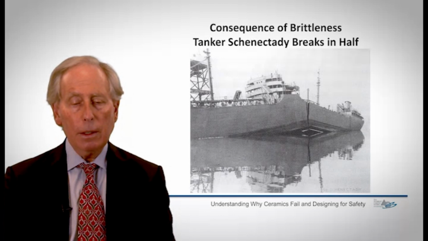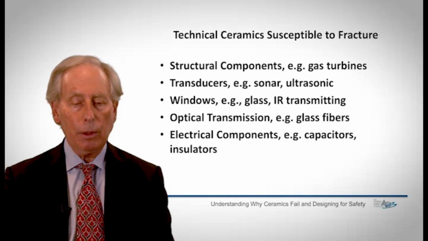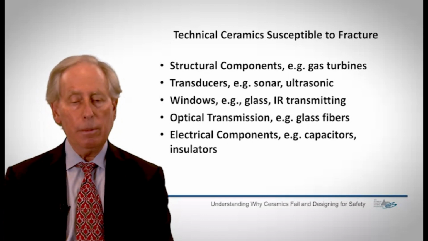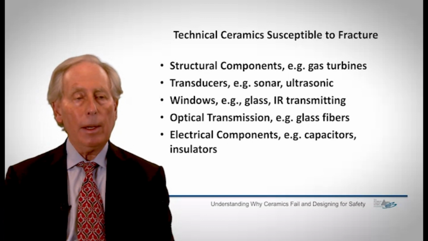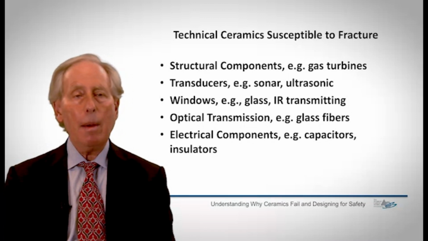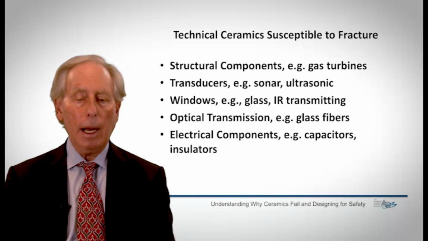So what are the kind of ceramics that we look at, what I call technical ceramics, that are susceptible to failure? Some of you think of structural components, the gas turbine engines. In fact, for the power industry, in some cases, use ceramics as turbine blades because they're lighter weight and can operate at higher temperature.